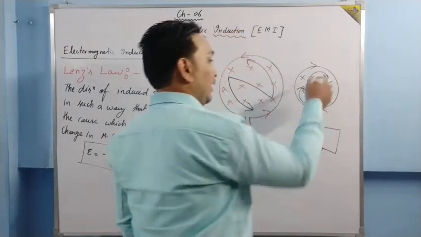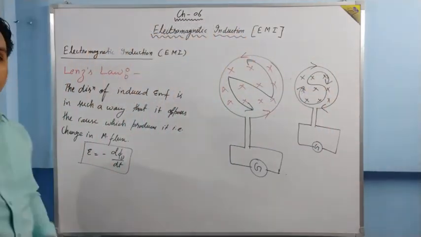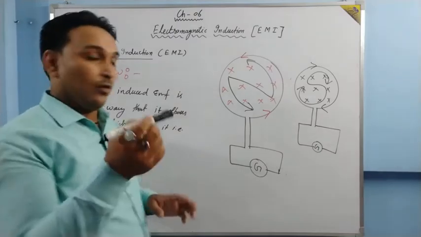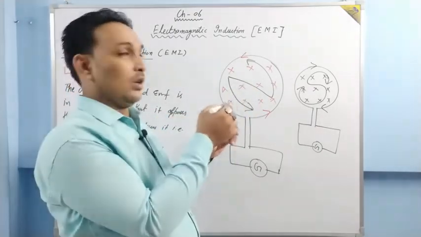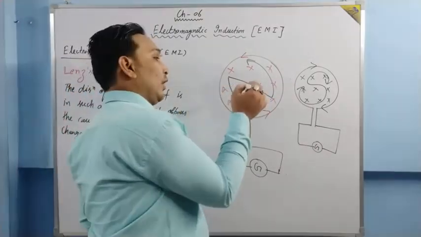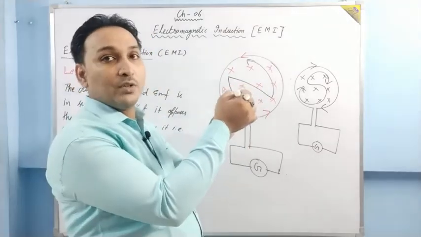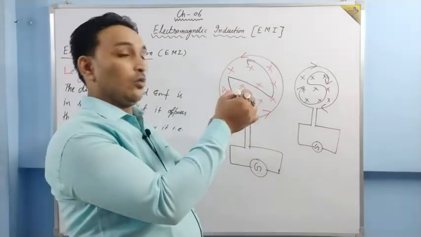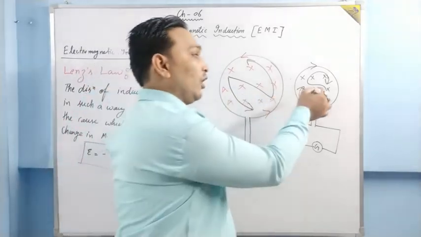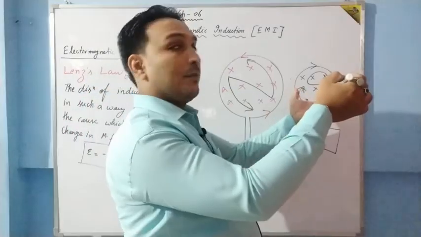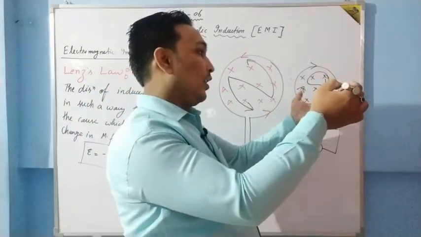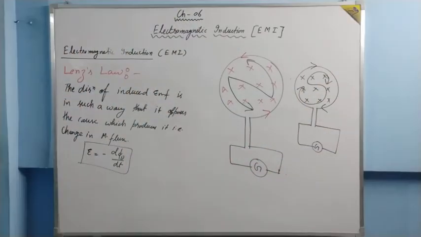This becomes clockwise, and clockwise becomes what? South face. Which end of the magnet were you bringing in? North pole. When it is brought nearby the coil, it develops a north face so that it opposes the north pole of this magnet. When it is going away from the coil, it develops a south pole.